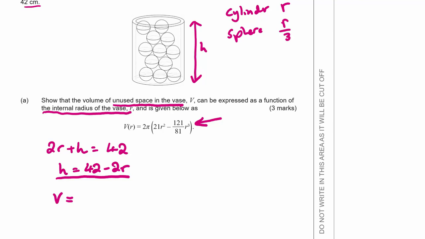So we're going to start off with the volume of the vase, which is going to be pi r squared h. That's the volume for a cylinder. And then we're going to take away 20 lots of the spheres. So that's 4/3 pi r cubed.